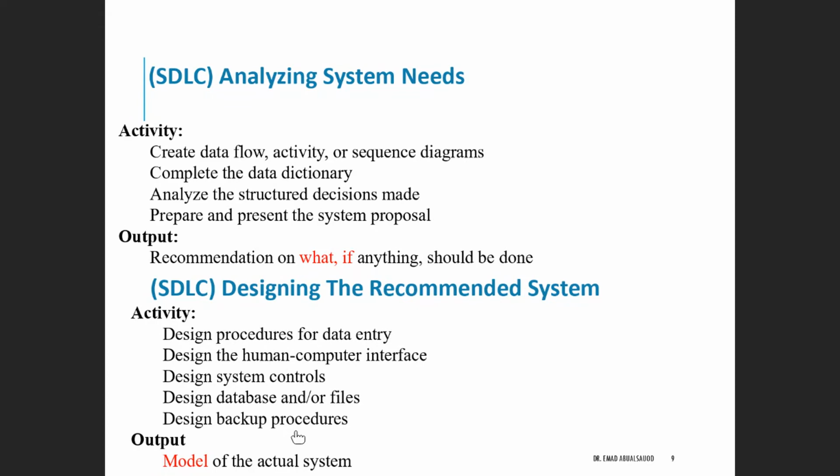When we talk about systems, we are talking about a complete work from divisions, from departments, from components to others. We're not talking about one small scale or one small objective or one division. The output is a model of the actual system.